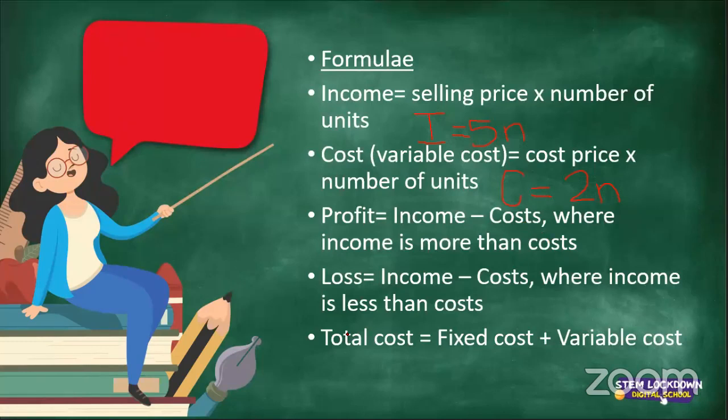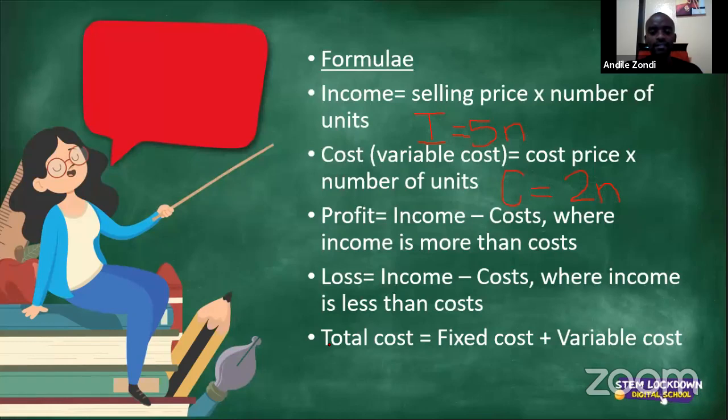Another thing, total cost. For this lesson, we'll be talking about total cost. Total cost is the fixed cost, these are the costs in business that do not change, plus your variable cost, which we spoke about. So your formula will be something like this. Let's say I have a business.